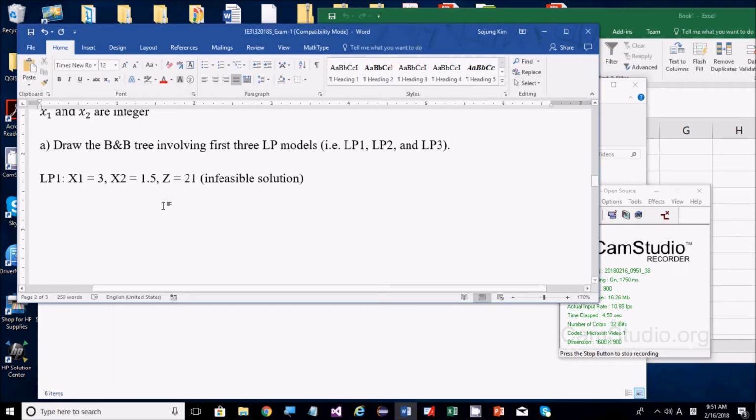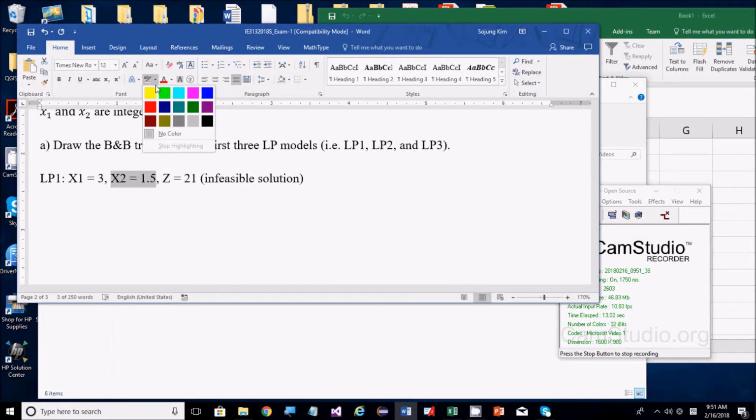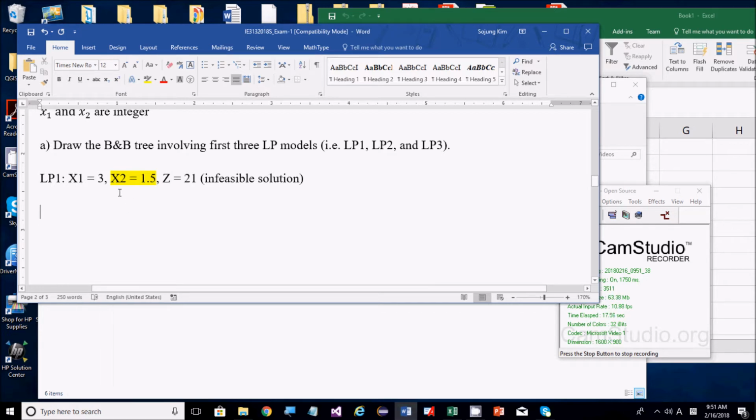So what's next? If you look at it, this is an infeasible solution because x2 is a real number, not an integer. In this case, as I mentioned before, in the branch bound algorithm you should check the closest integers to this 1.5.